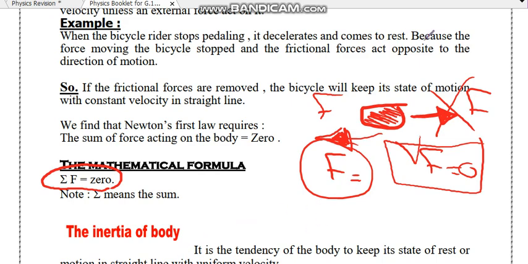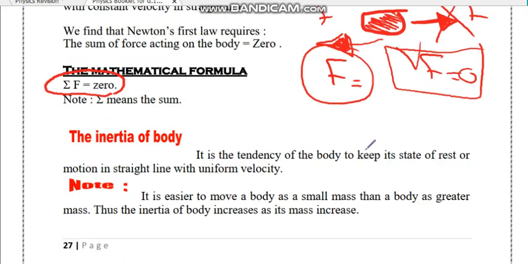Inertia is the tendency of the body to keep its state of rest or motion in a straight line with uniform velocity. It's easier to move a body with a small mass than a body with a greater mass, so inertia depends on the mass of the body. If the body has a larger mass, it has a larger inertia. Okay, so let us practice more with some examples.